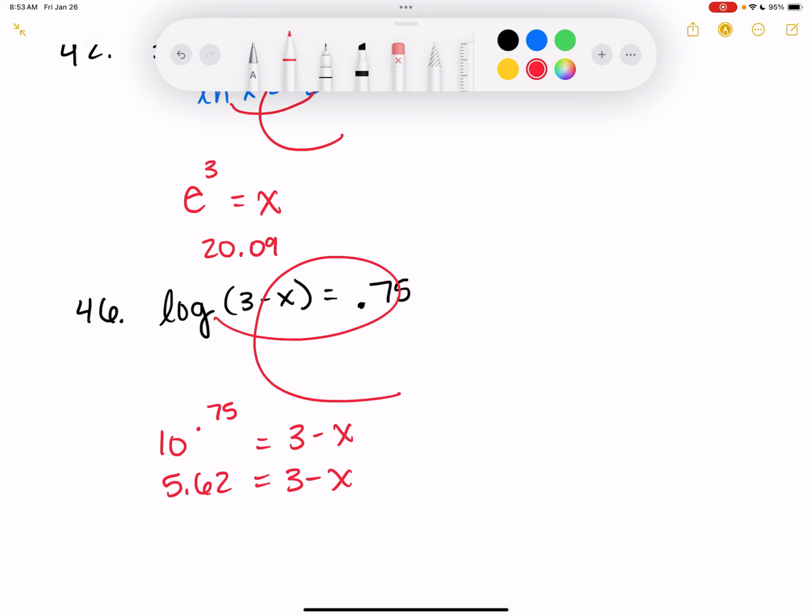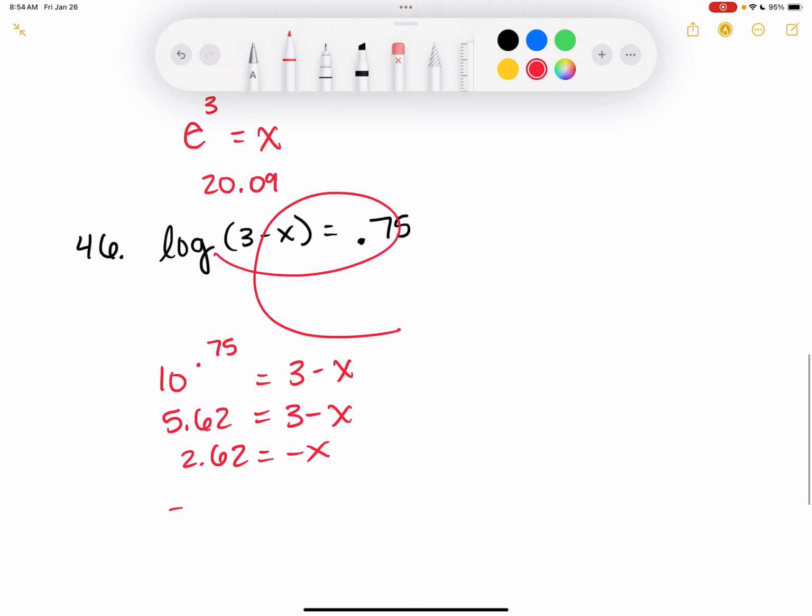Subtract 3. That'd be 2.62. 2.62 equals negative x. Now what? Wouldn't you have to divide of some sort? Yep. Divide by negative. So negative 2.62 equals x.